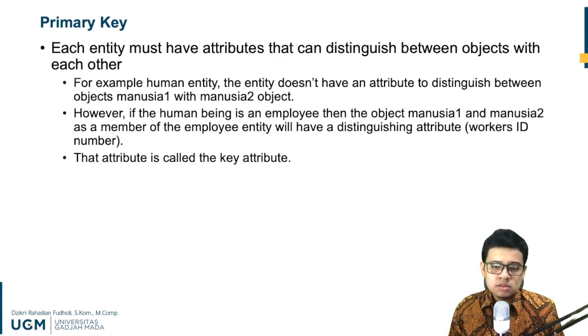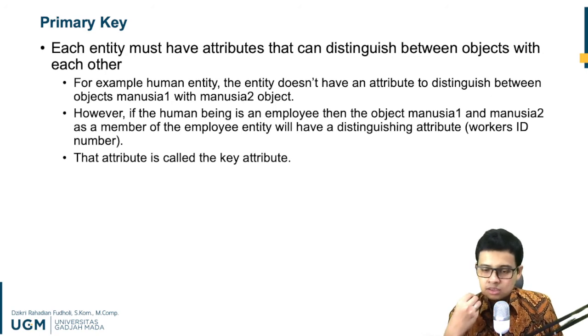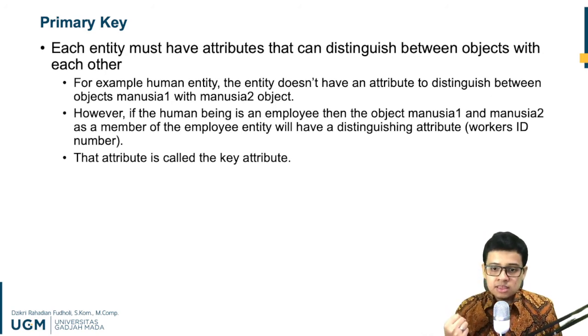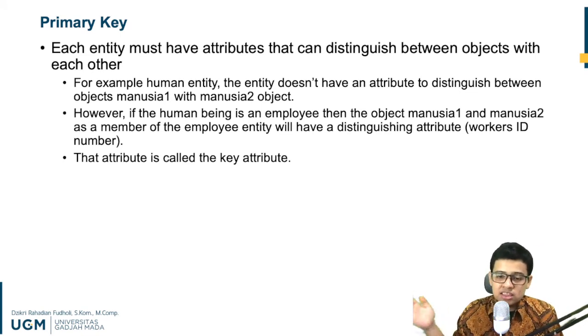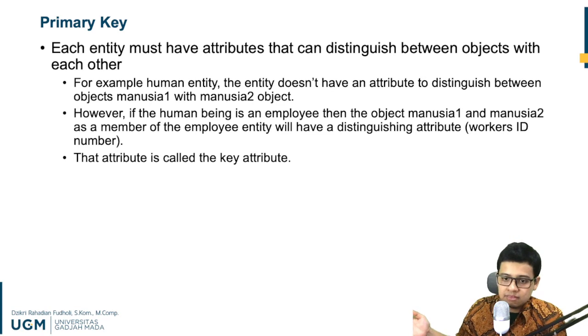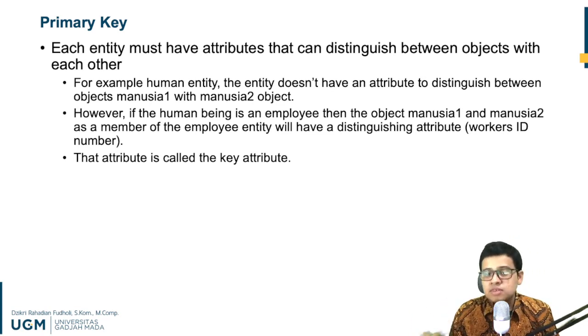For example, in the worker database, we have worker ID numbers where the rule is just one ID for one human. So each worker in that database has their own ID. Therefore, the ID can be the primary key. That's the key for each entity to differentiate themselves. So that's the primary key.